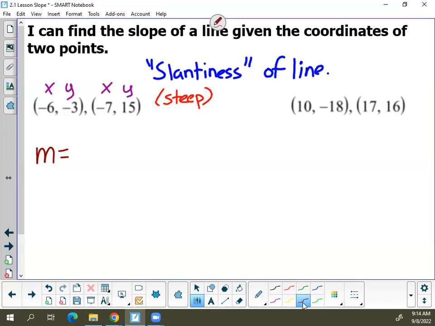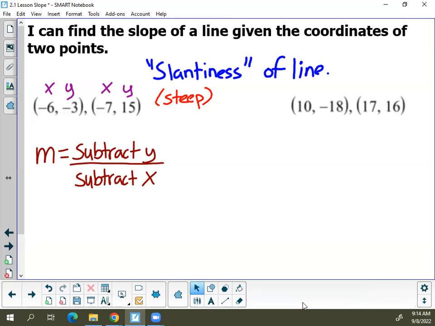And what we're going to do to find the slope, which we use the lowercase m for, we are going to subtract the y values of the 2 points we want to find the slope between, and we are going to divide that by subtracting the x values. And we could do that by hand if we want to, but I think I have a way to do it in Desmos that I hope you like.